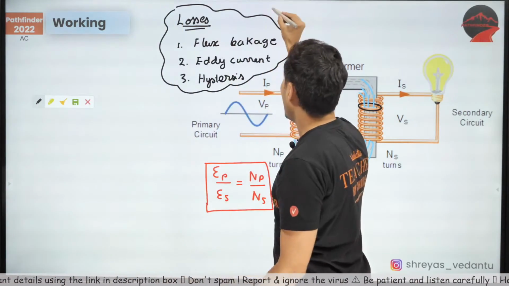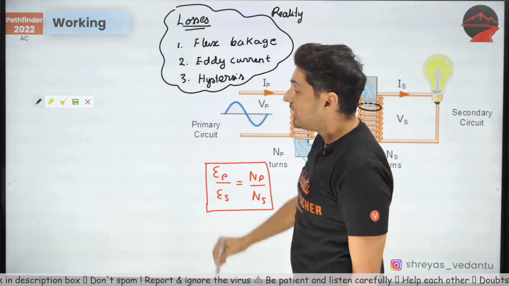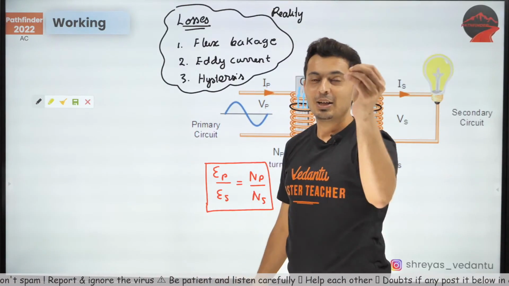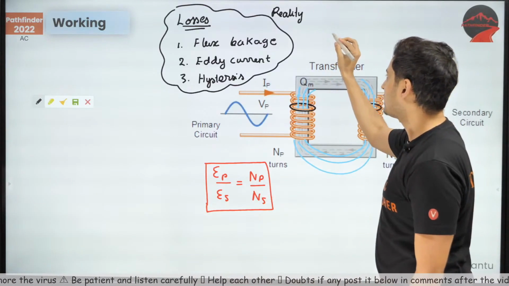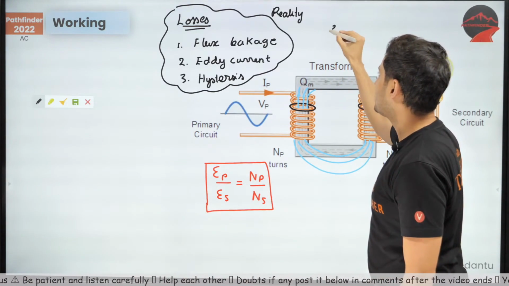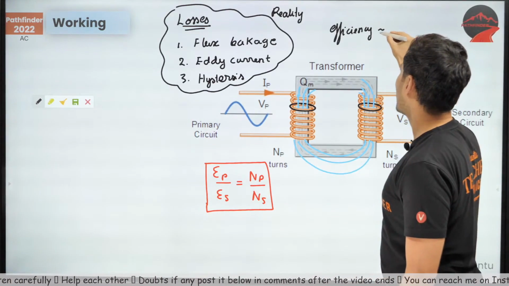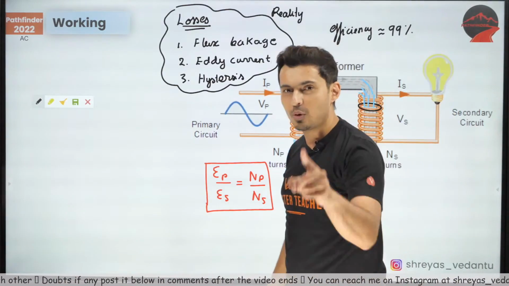This is what happens in reality. In spite of these three losses, the technology is so advanced that today's transformers have losses so minimized that most have an efficiency of nearly 99%. Even if you read the H.C. Verma book, you will see that.